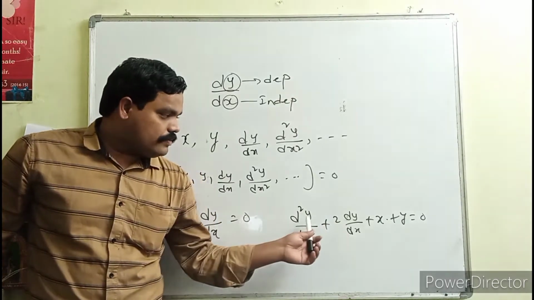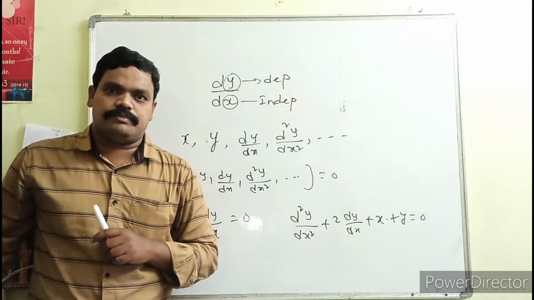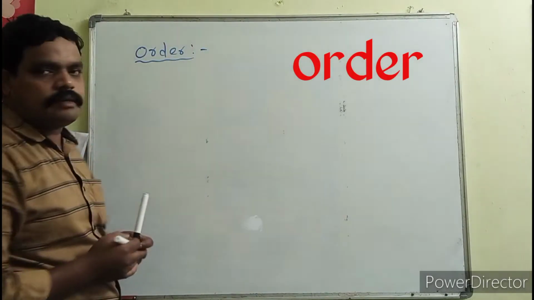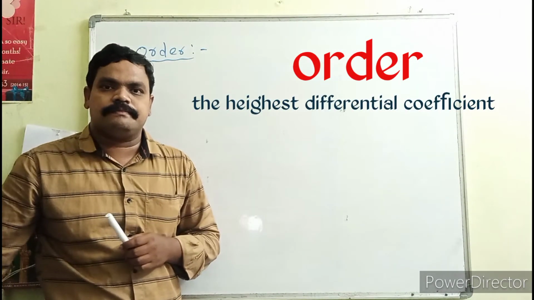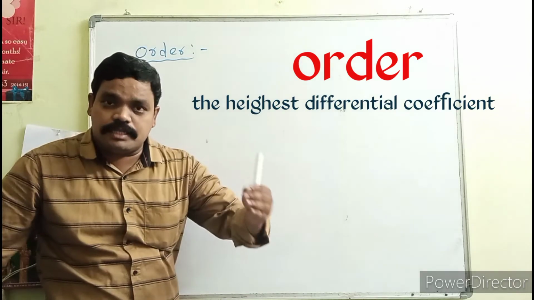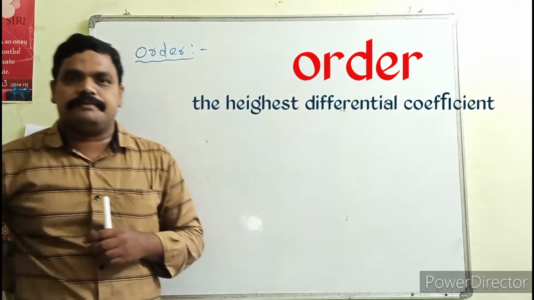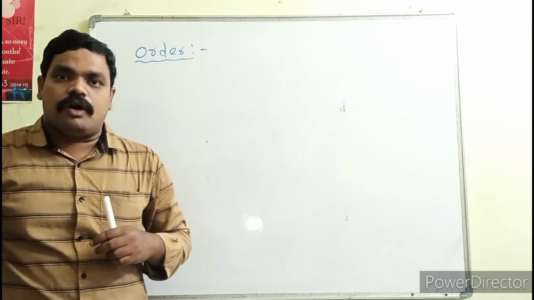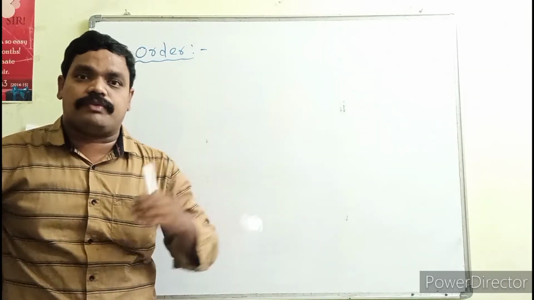Next, in differential equation, at first we discuss the order and degree. Okay, ma? What about the order? Order means in any differential equation, the highest differential coefficient is called the order. Means in any equation, how many times we differentiate the equation, the maximum number of times.